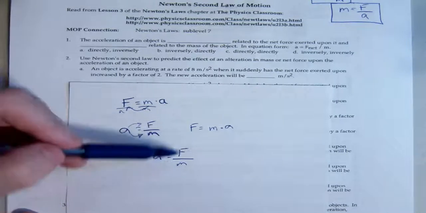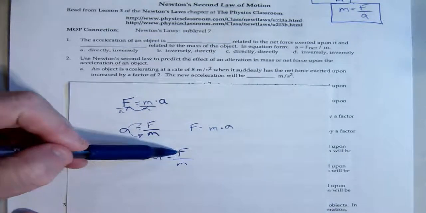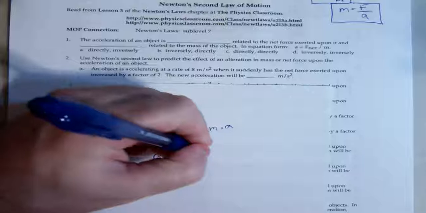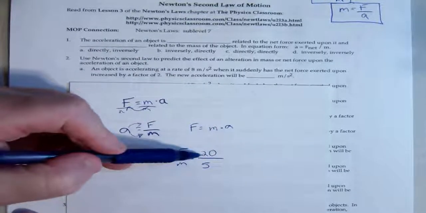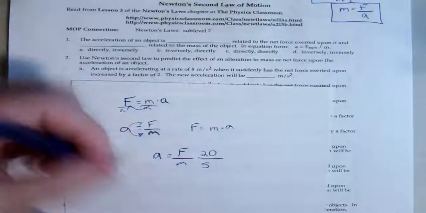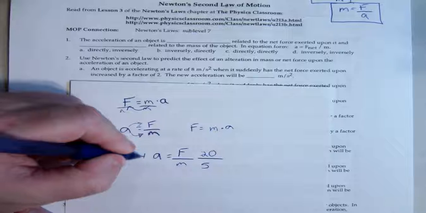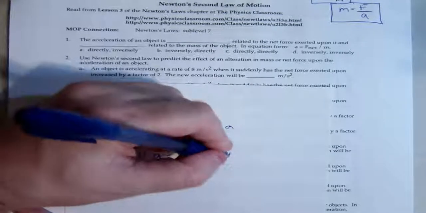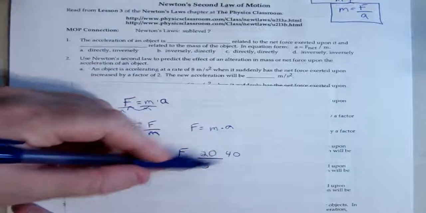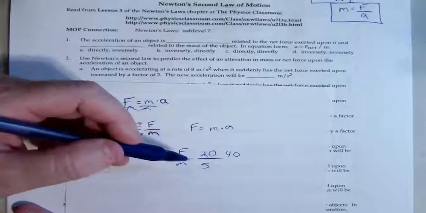So if our force is 20 and our mass is 5, we know 5 goes into 20 how many times? 5, 10, 15, 20, so 4. That makes our acceleration 4. But if we double the force to 40, 5 goes into 40 how many times? 8.